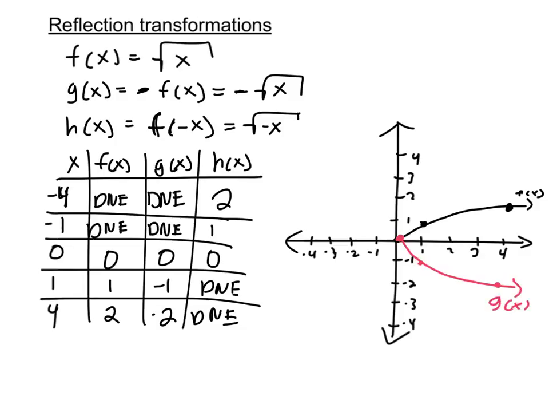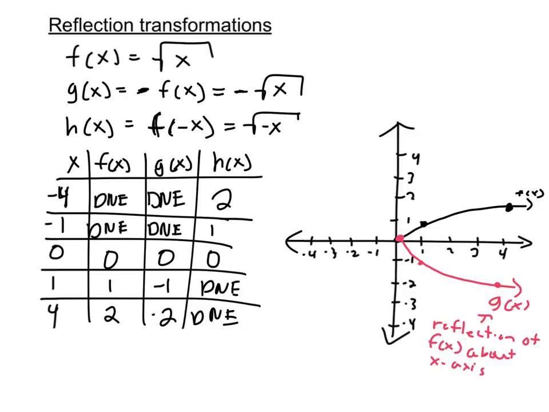Alright, so there you see, g of x is a reflection of f of x about the x-axis.